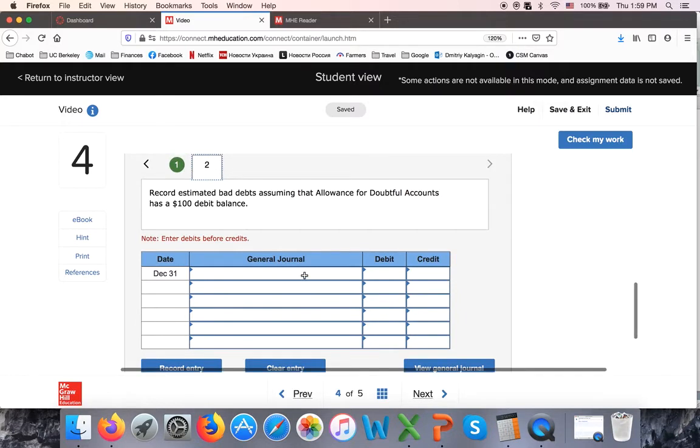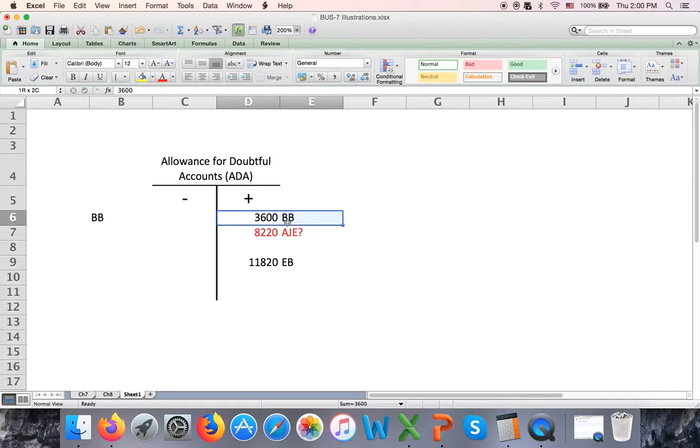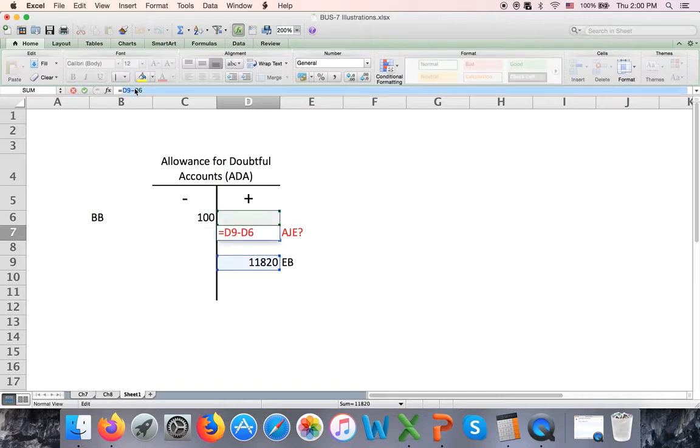Record the entry. The next one, record estimated bad debt, assuming that now ADA has a $100 debit balance. So my beginning balance now is $100 right here. If they're on different sides of the T account, I will have to add these two amounts together.